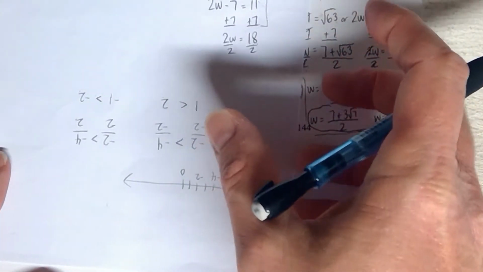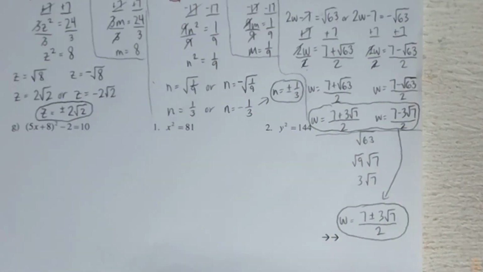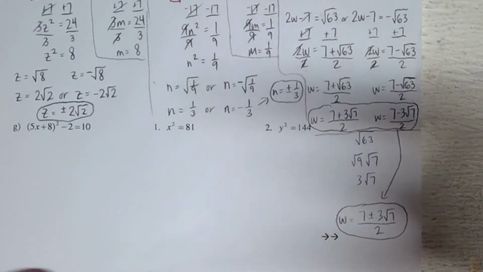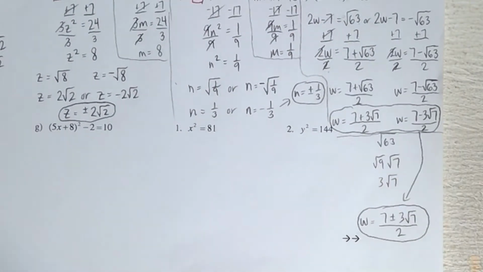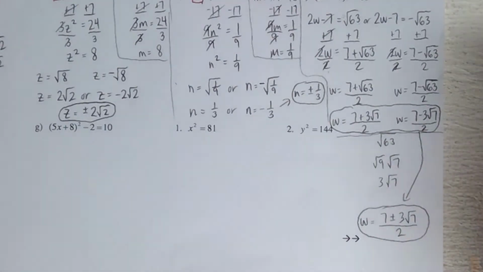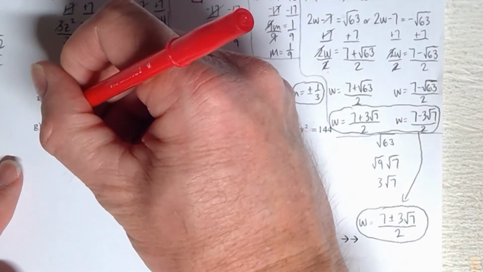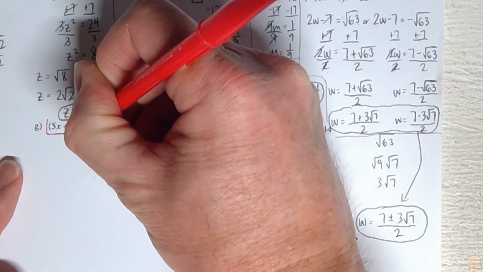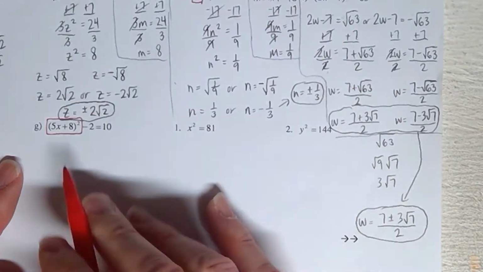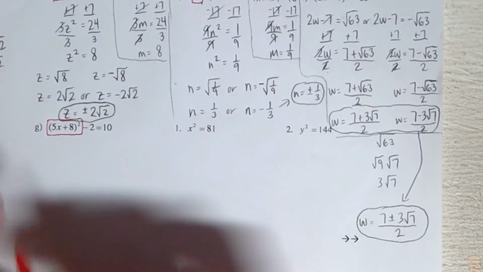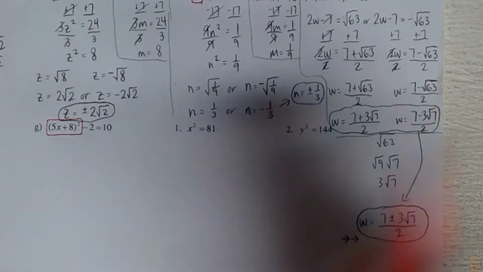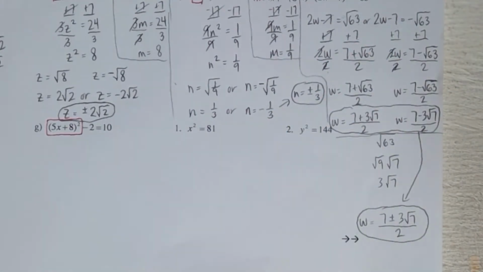Okay, I know there's a lot going on there in the last part of the problem. Let's try that again here in problem letter G. Notice in problem letter G, we have a bracket being squared here, but it's not by itself. Same thing that we talked about earlier.